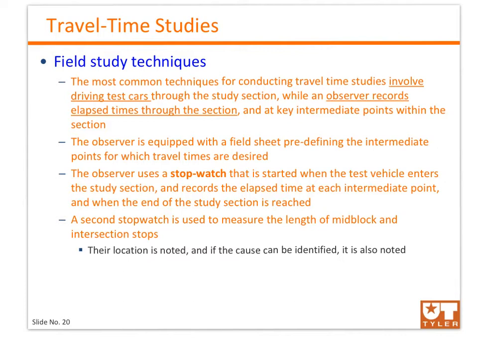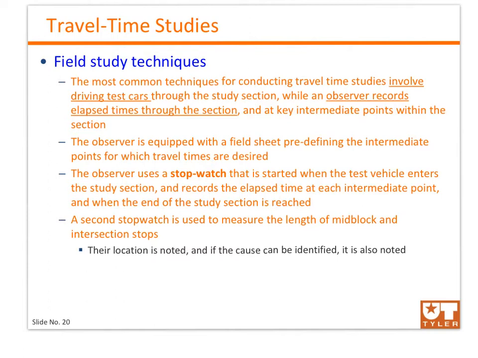The observer is equipped with a field sheet predefining the intermediate points for which travel times are desired. The observer also uses a stopwatch, which is started when the test vehicle enters the study section. The observer then records the elapsed time at each intermediate point as well as at the end of the study section. That's basically how we do the travel time study.